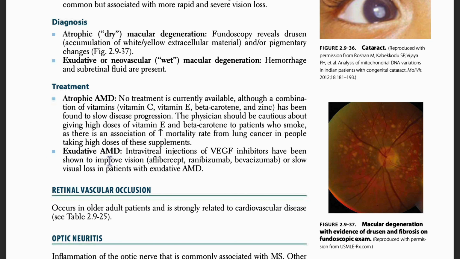Exudative age-related macular degeneration: intravitreal injections of VEGF inhibitors have been shown to improve vision. Aflibercept, ranibizumab, and bevacizumab slow visual loss in patients with exudative age-related macular degeneration. So this is a picture of macular degeneration with evidence of drusen and fibrosis on fundoscopic examination. Cool.